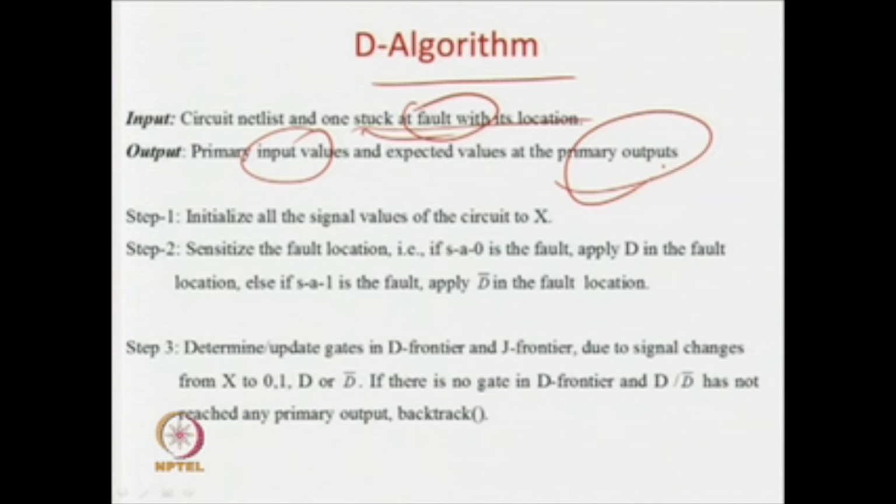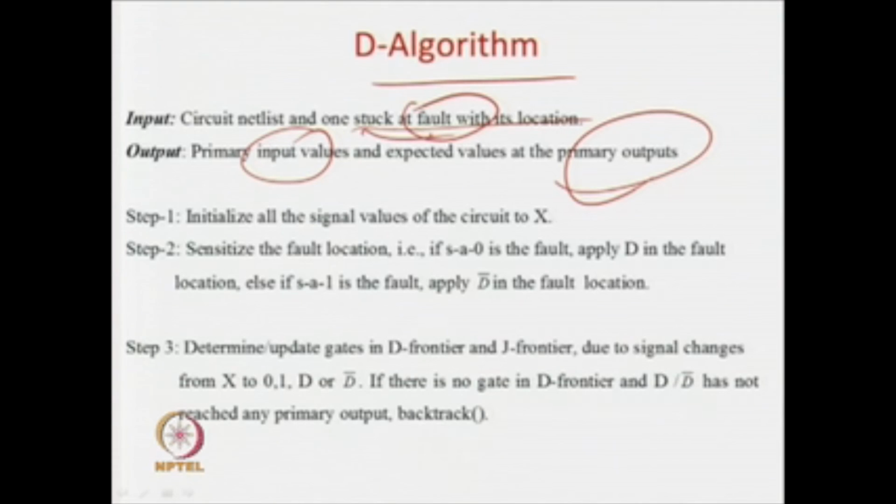In other words, the D-Algorithm formally tells you what pattern to apply at the primary input to detect the fault, that is, to sensitize, propagate and justify the fault, and it also tells you the expected values at the primary outputs at that time. If the primary output matches the expected value, then the fault is not there, and if the pattern does not match the expected response, then the fault is there and it has been detected. Now we will see the steps to go about this D-Algorithm.